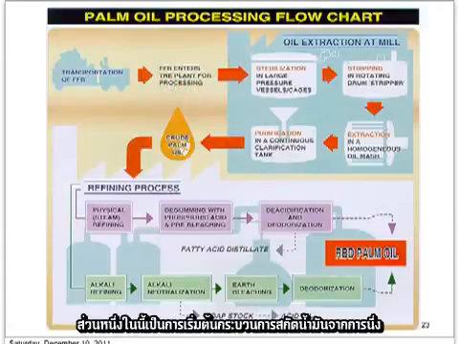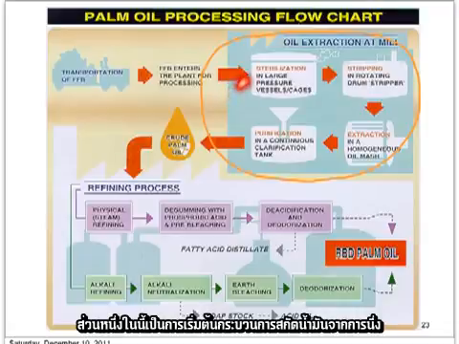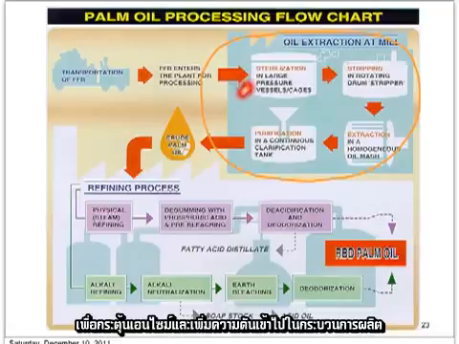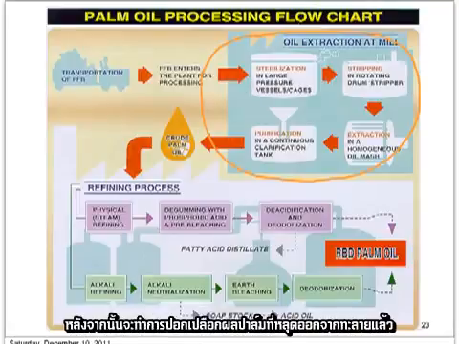Then here, the whole part here is actually the oil extraction at the oil mill, starting from the sterilization to deactivate the enzyme and to facilitate the process of the stripping of fruitlets later.